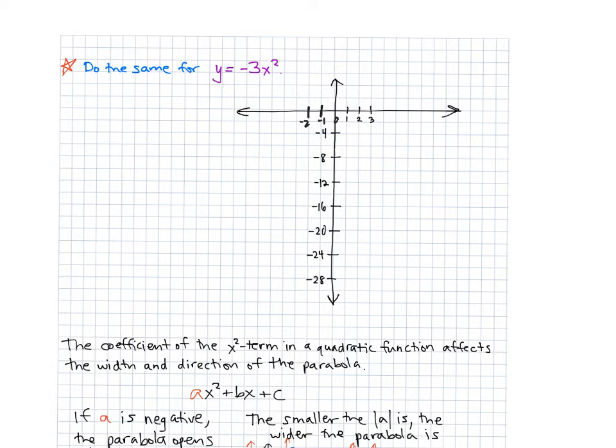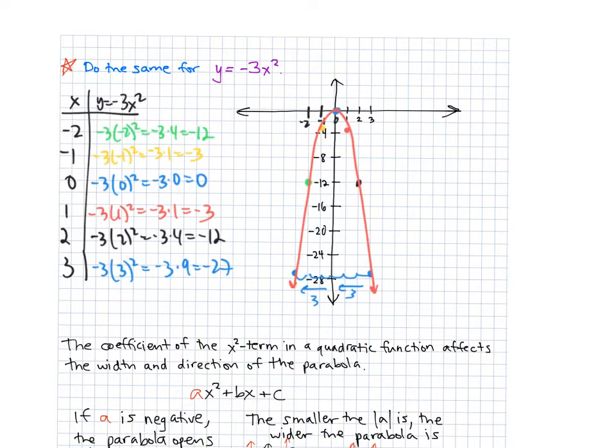Okay, so make your table with your x's. I said to use -2, -1, 0, 1, and 2. It may be 3. And then your y is -3x squared. And then you can do your points and then plot them and then connect them. And then check back for the solution. Press pause.